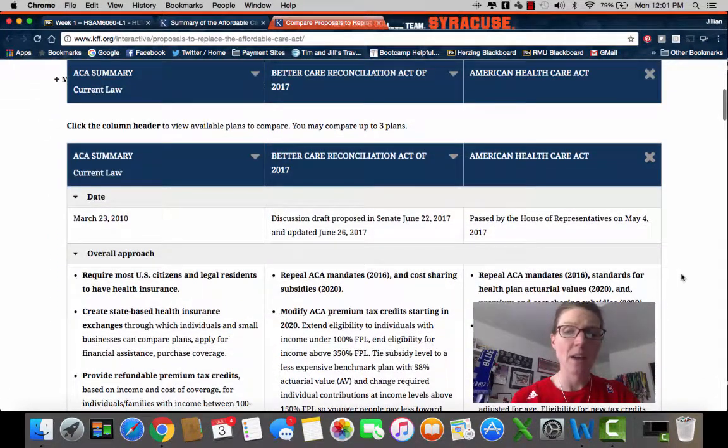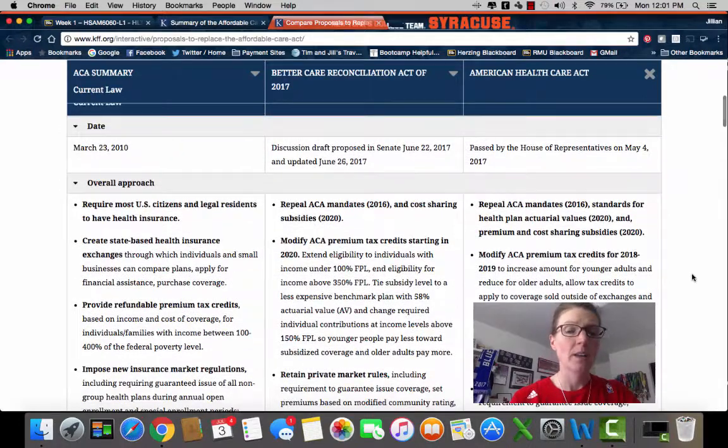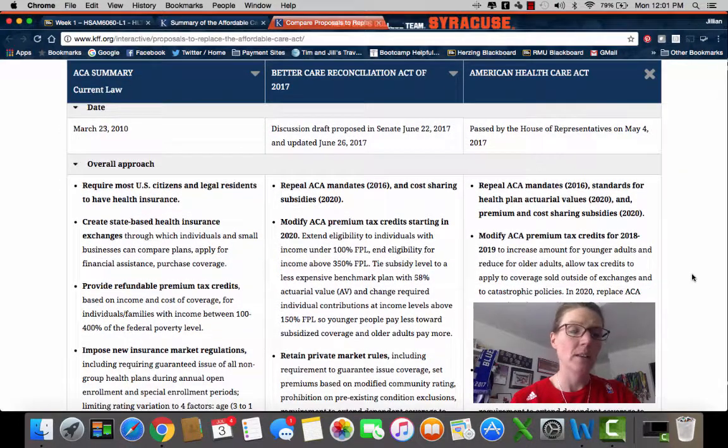I thought it was a helpful tool in looking at not only the Affordable Care Act, but the other bills or drafts that are out there: the one that was already passed by the House, and the draft bill that's out there in the Senate as far as the repeal and replace options.